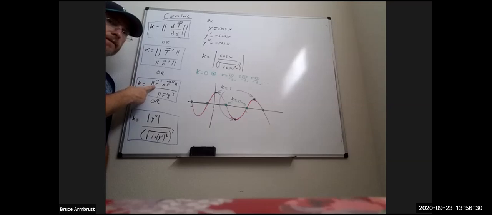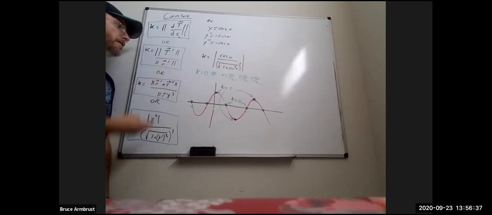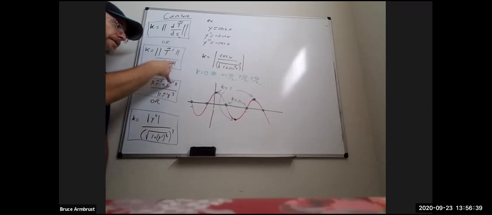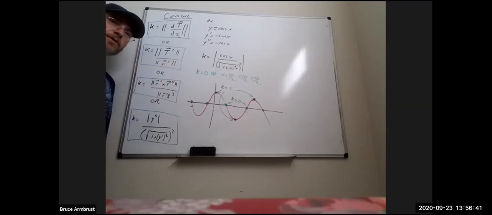It's kind of nice. It usually saves me a lot of time using this form as opposed to the second one. Okay, so these two, numbers 2 and 3, I use those whenever I've got something written as r of t equals. And which form really comes down to what are those component functions.